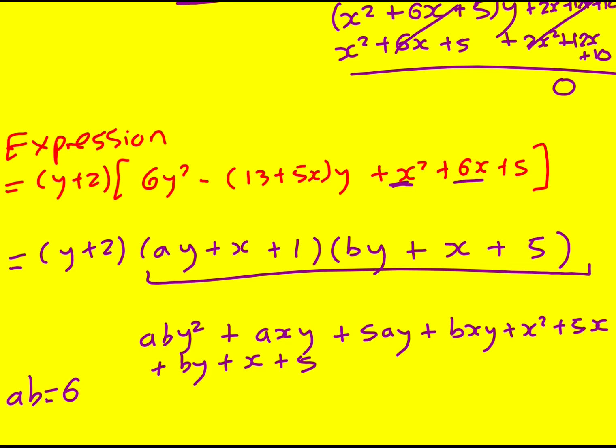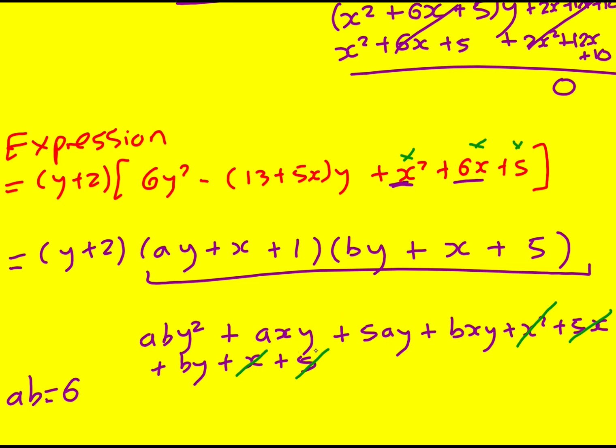So I'm just going to roll out the bits I'm not actually interested in. I've got the 5 that I need. I've got the 6x. I've got the x squared. I've got the AB as 6.